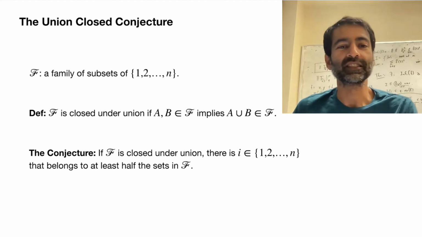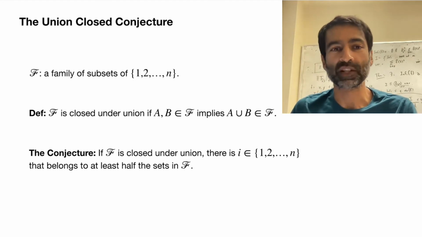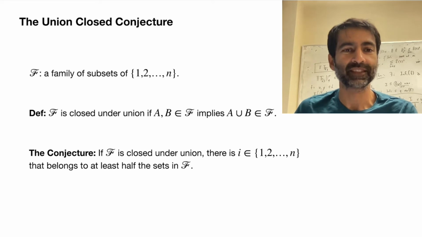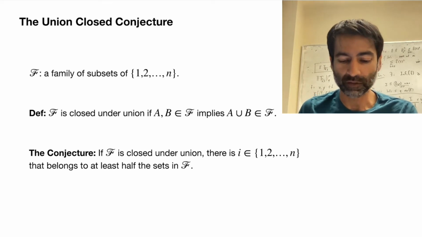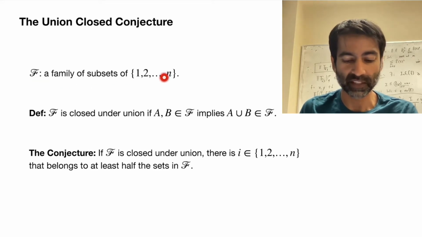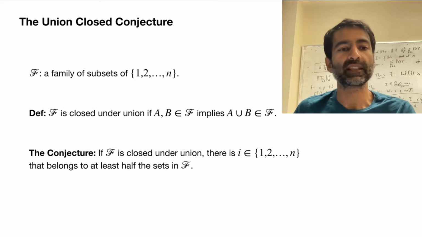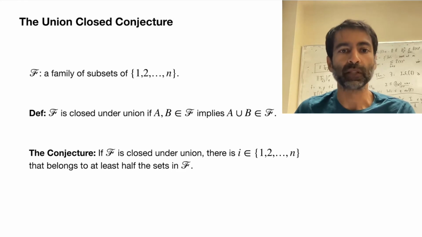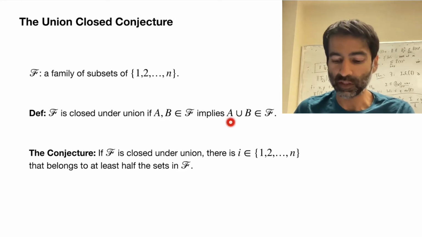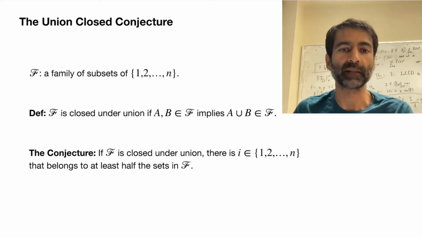So the conjecture is just a basic question about sets. Suppose you have a family of subsets of the elements 1, 2, 3 up to n. We'll say that the family of sets is closed under union if whenever A and B belong to this family of sets, then A union B also belongs to the family of sets.